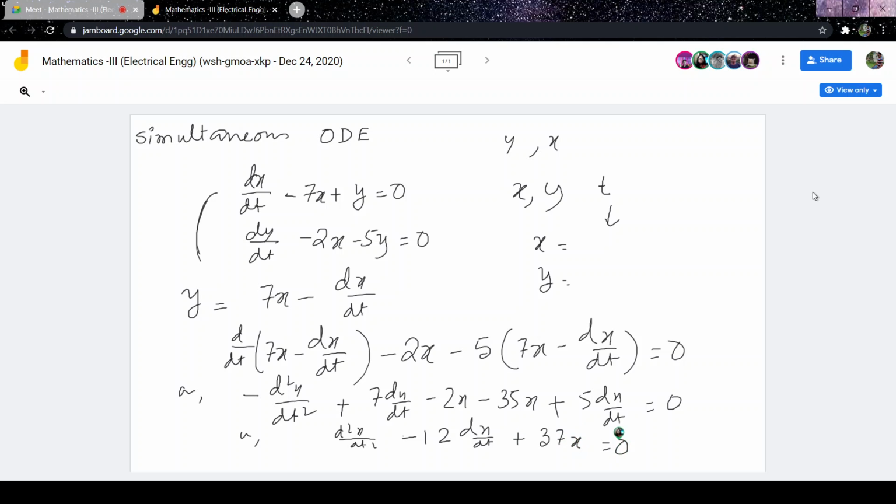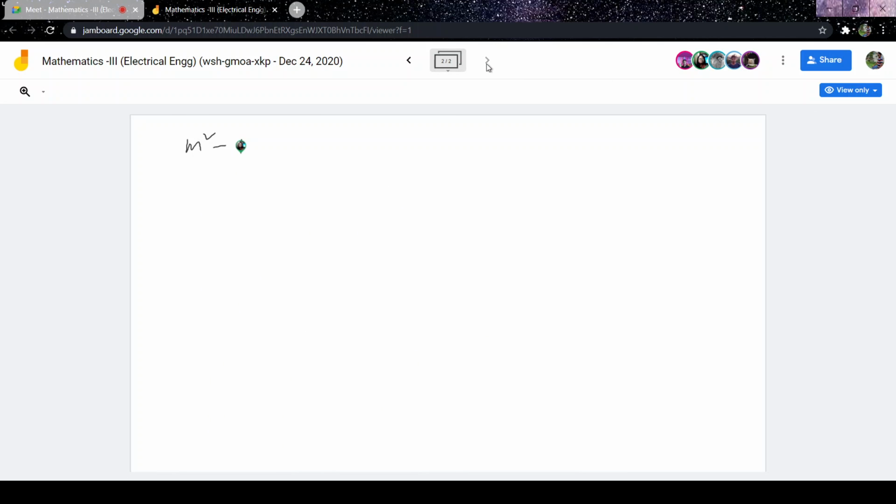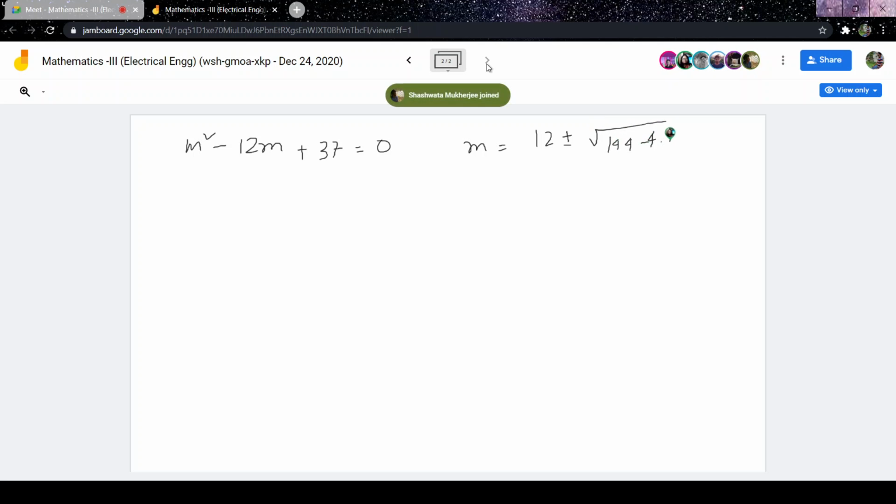And now you can solve this differential equation. The auxiliary equation is m square minus 12m plus 37 is equal to 0. So your m is 12 plus minus the square root of 144 minus 4 into 1 into 37, by 2. That is 6 plus minus, this is 148, so this is minus 4, that means 2i, so this will be i.